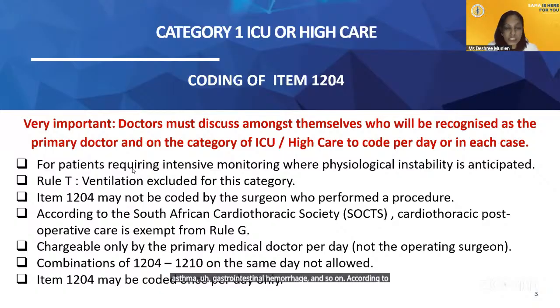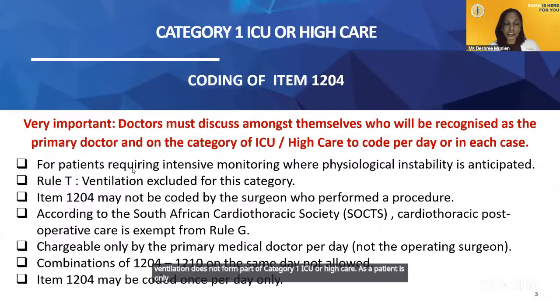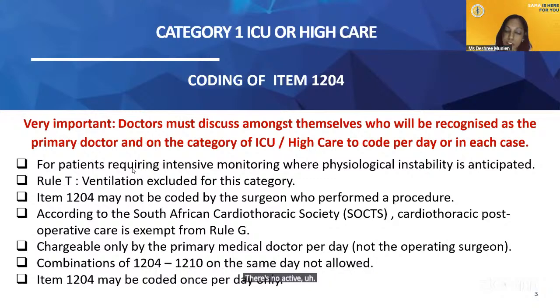According to Rule T, ventilation does not form part of Category 1 ICU or high care, as a patient is only intensively monitored in anticipation of physiological instability. There is no active system support required for these patients, and ventilation forms part of an active system support.